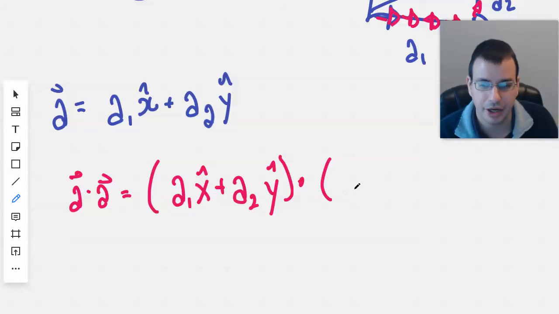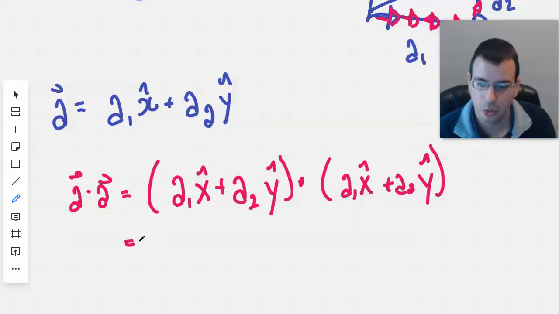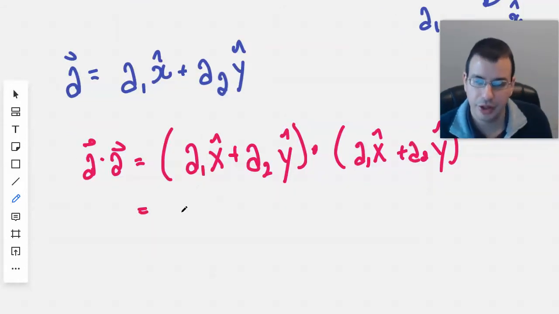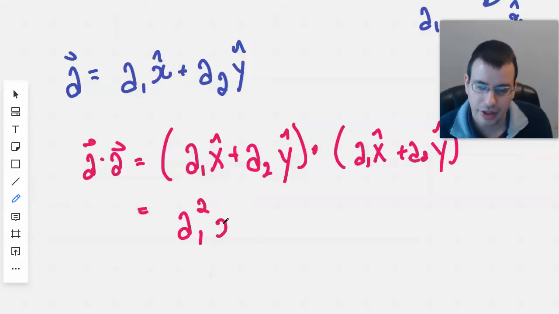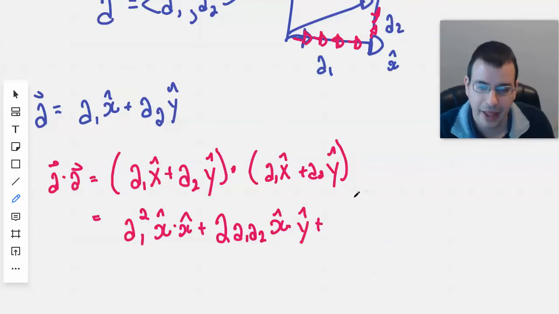We FOIL this, and we're left with A1 squared x hat dot x hat plus 2 A1 A2 x hat dot y hat plus A2 squared y hat dot y hat.